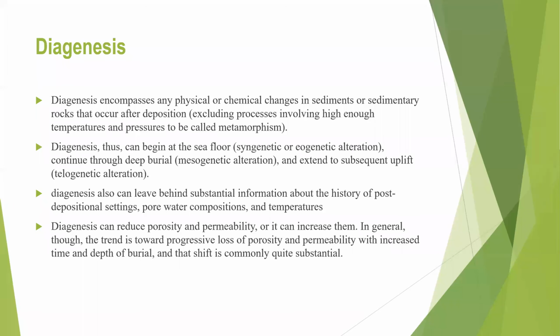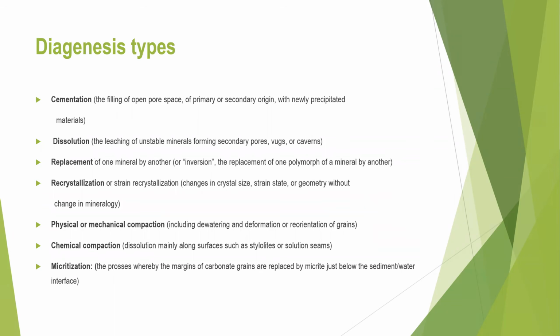This type of process creates cap rock for us, and also creates reservoir rocks, so those processes are very important. We have different types of diagenesis, for example cementation, dissolution, replacement, recrystallization, dolomitization, micritization, and physical or chemical compaction.